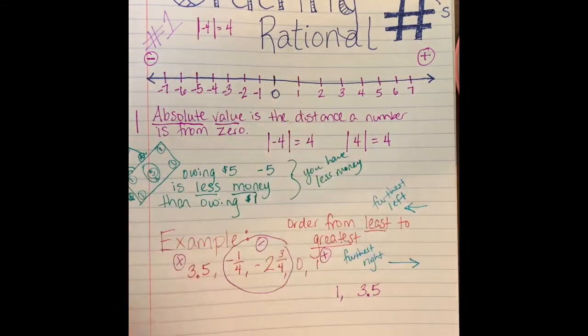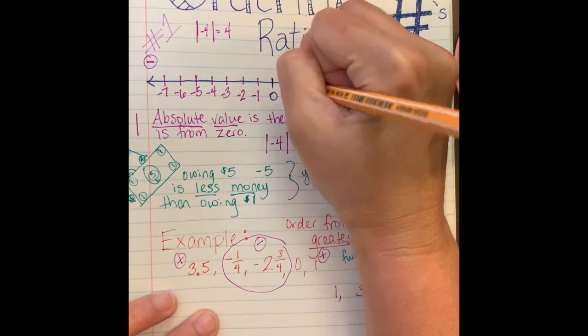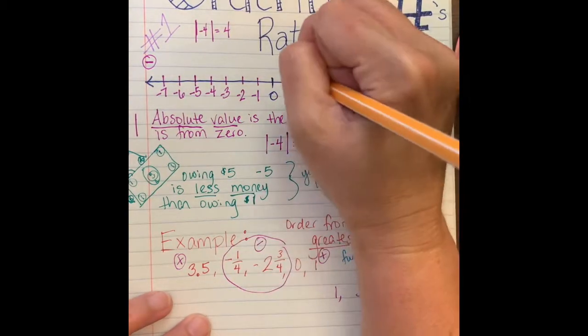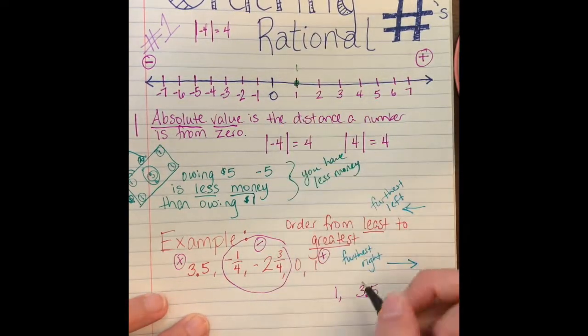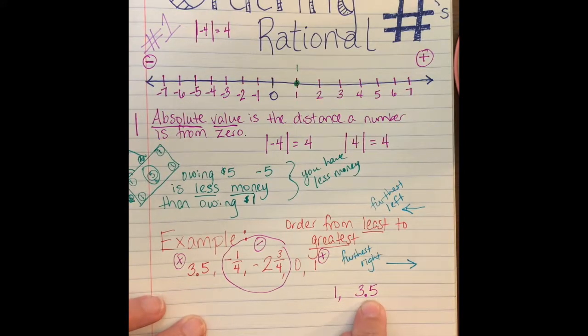So on my number line up here, I'm actually just going to put these numbers on the number line. Why? Because I can. So 1 would be right here. That would be 1. It's already labeled. 3 and 5/10. Well, 5/10 is half, right?